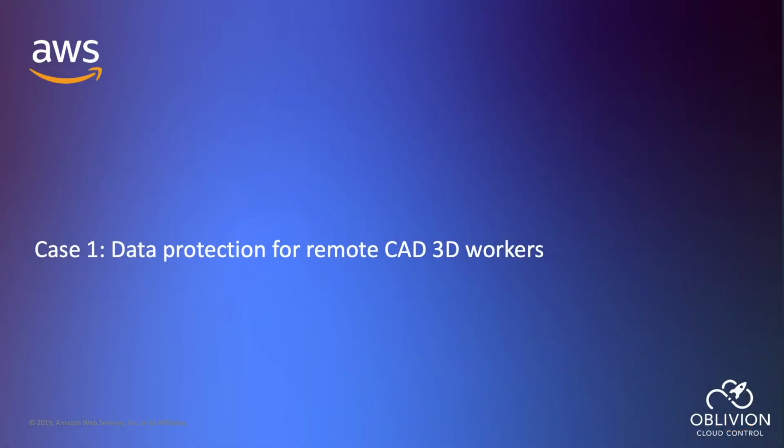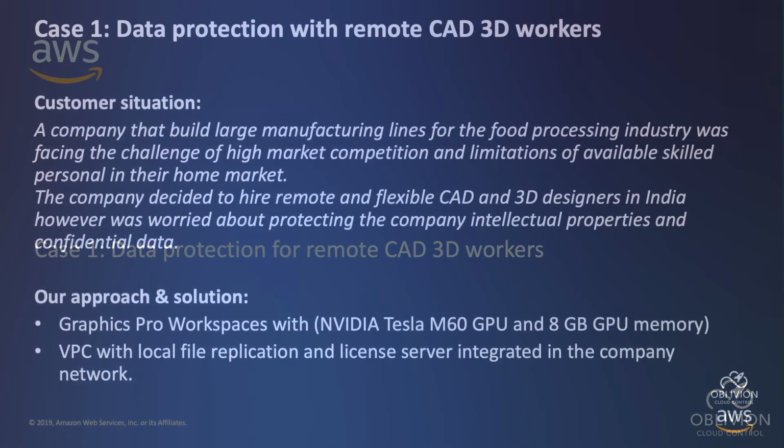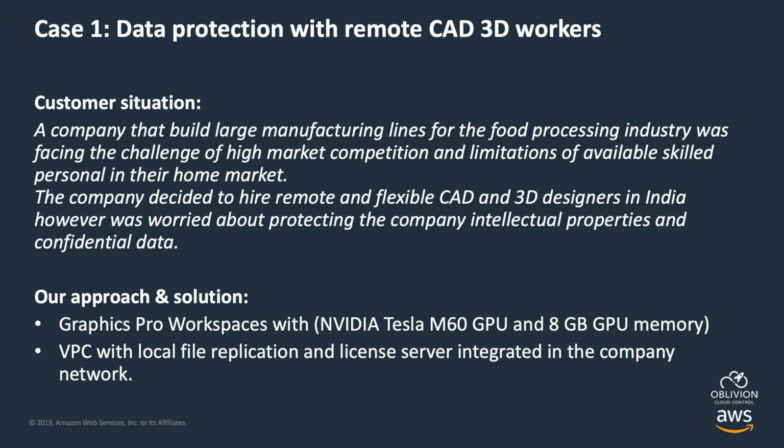So the first one, data protection for remote, and actually it was remote CAD/CAM 3D workers. We're talking about a Dutch company that builds manufacturing lines for the food processing industry. They're pretty much at the high end of the industry, and there's a lot of competition and a lot of competitors who would be very interested in getting access to their intellectual property and how they build and design those new systems.